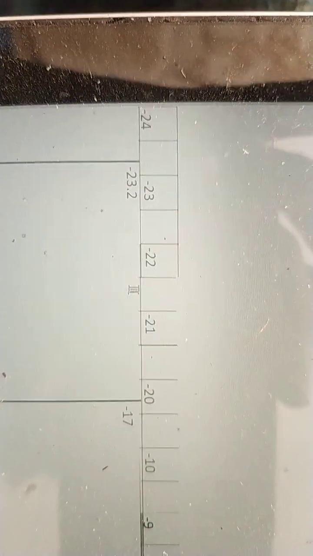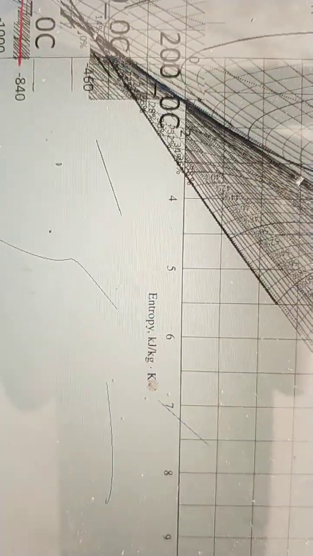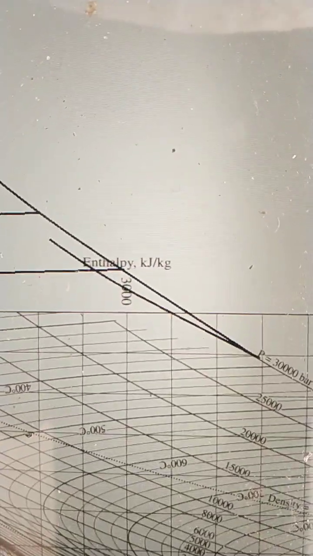So at negative 1070, it's roughly at negative 21 entropy, and entropy is kilojoules per kg Kelvin, and then enthalpy is kilojoules per kg. So yeah, that's it.